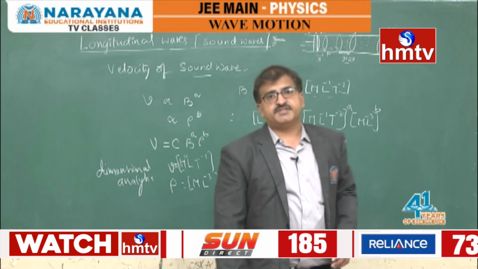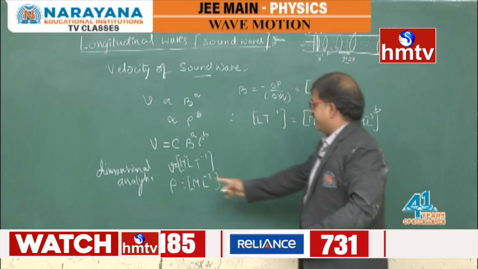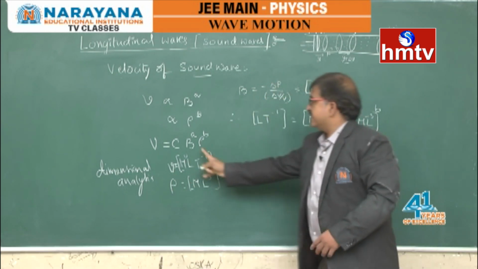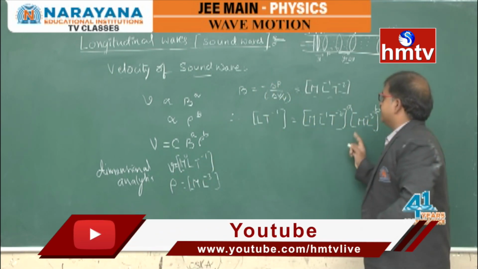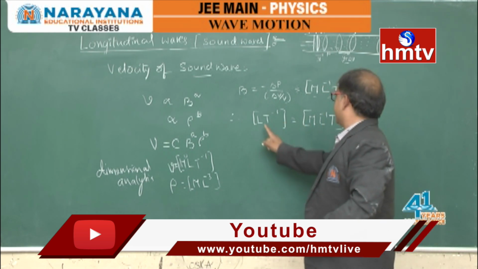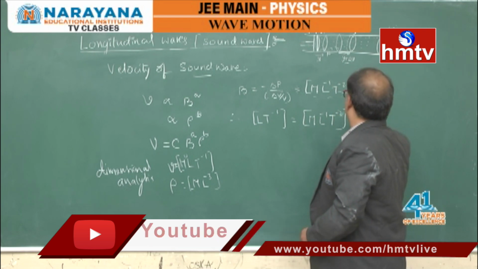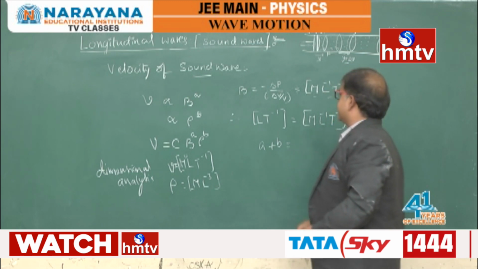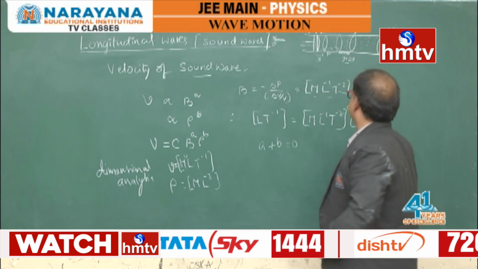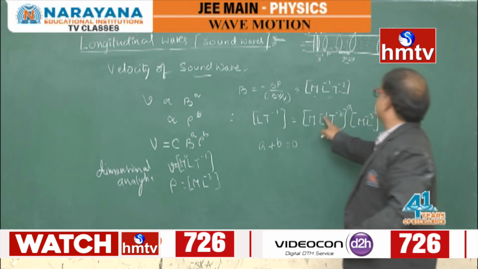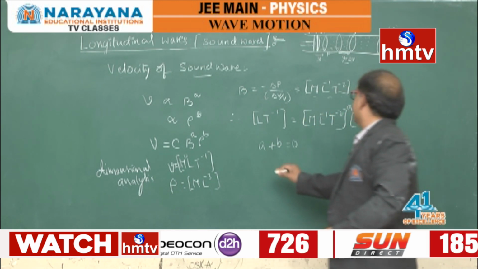Simply substituting the dimensional formulas of V, rho and B in this expression, you get this. On comparison of the powers, for M it is a plus b equals 0, and for L it is minus 1 times a minus 3b.